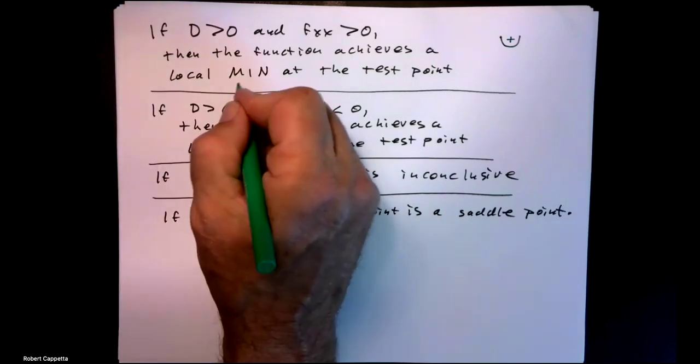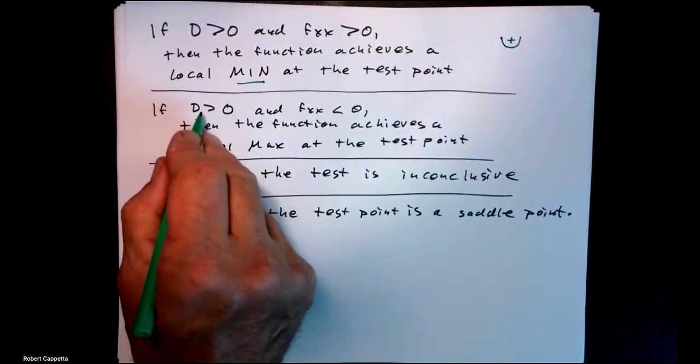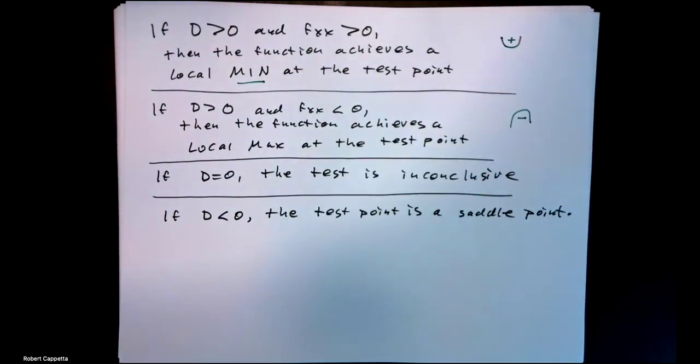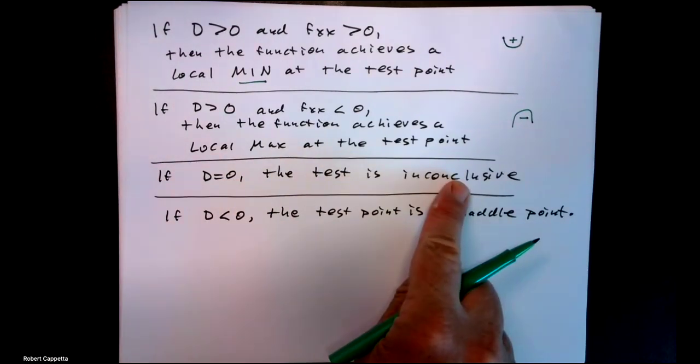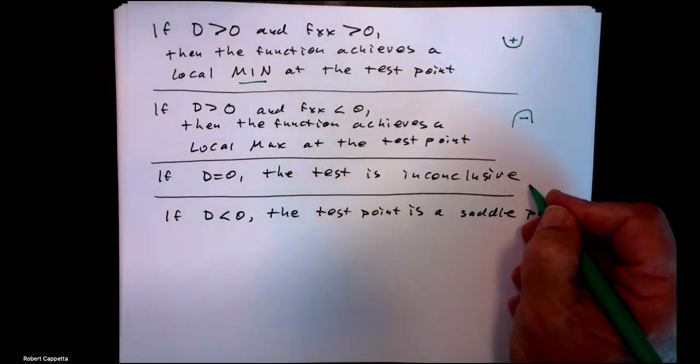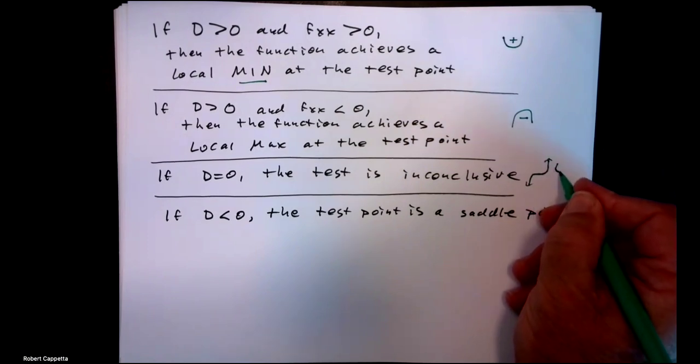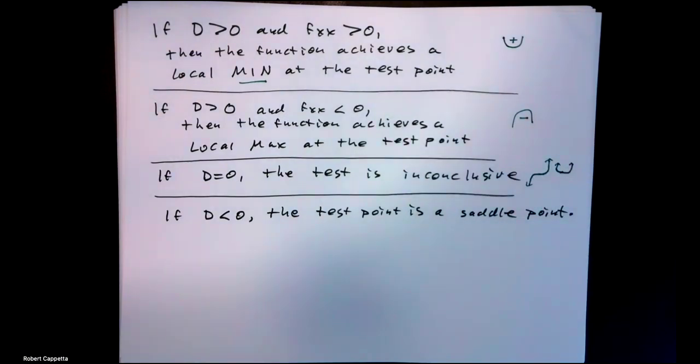Indeed, that's a local minimum if it's concave up. If D is positive and fxx is negative, we think concave down, and that has a maximum. And if D is 0, the test is inconclusive, just like in Calc 1, if we had f of x is x cubed, inconclusive, or f of x is x to the fourth, inconclusive on the second derivative test. But if D is less than 0, then the test point is a saddle point, which is an interesting kind of thing.